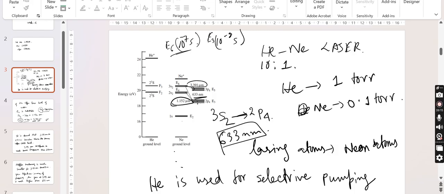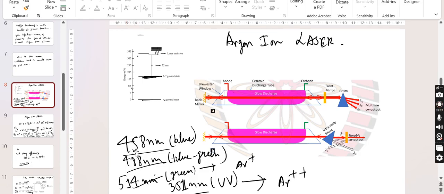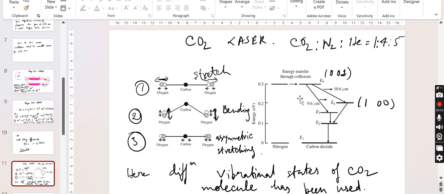And also you can see that none of them are tunable lasers. Like if you count that, the argon ion laser is giving you 4 wavelengths, and you can choose one, but that is actually not tunable. Here also the carbon dioxide laser is basically a 5 level laser. It can give 10.6 micrometer lasing and 9.6 micrometer, but they are not tunable at all.